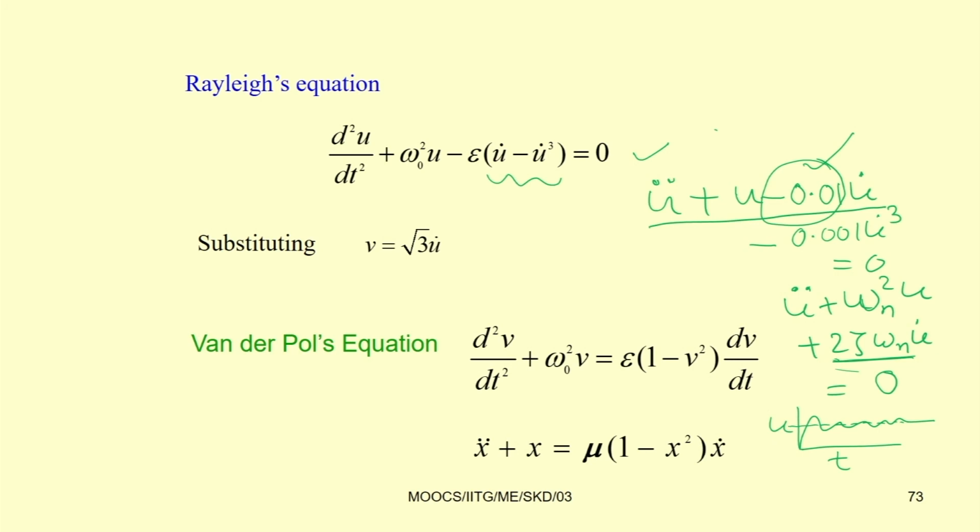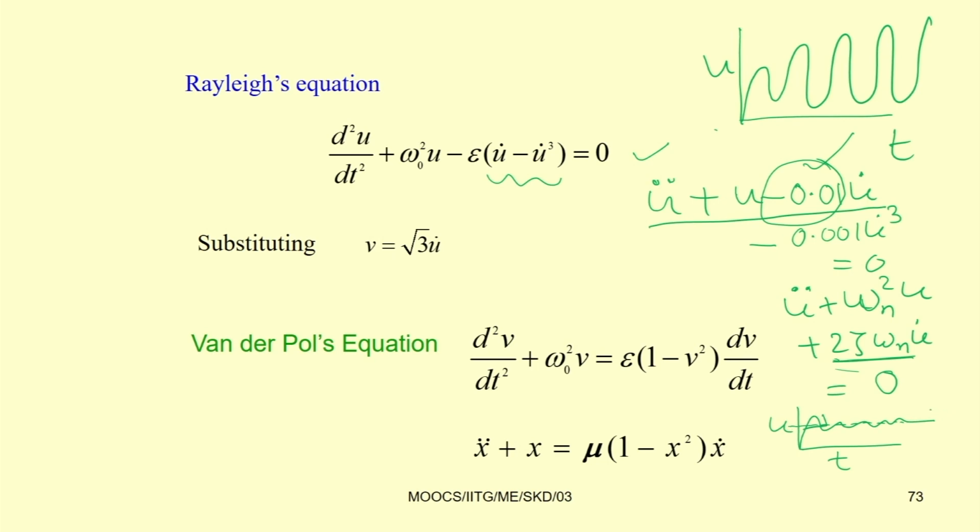But if it is negative, in that case if you plot it, you can show that the response will grow with time. So, if you plot this u versus t, the response grows with time. Here the response is decreasing and finally coming to a steady state value, that is 0.